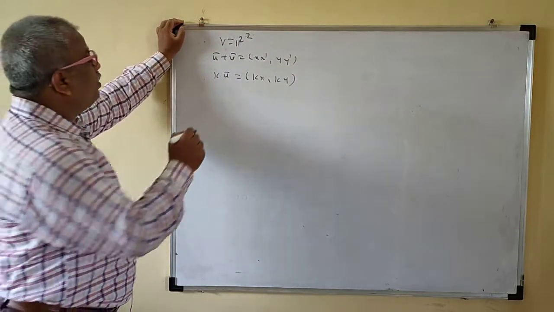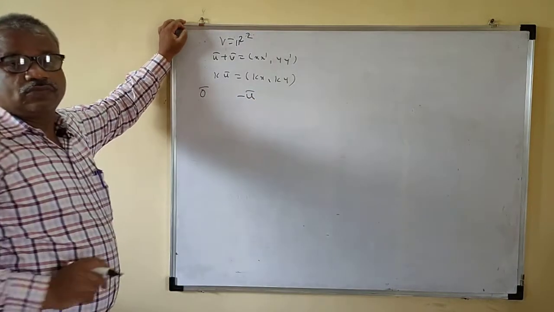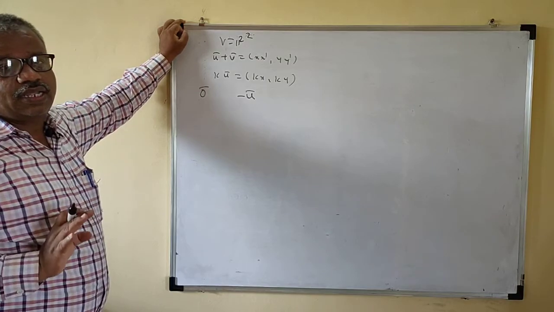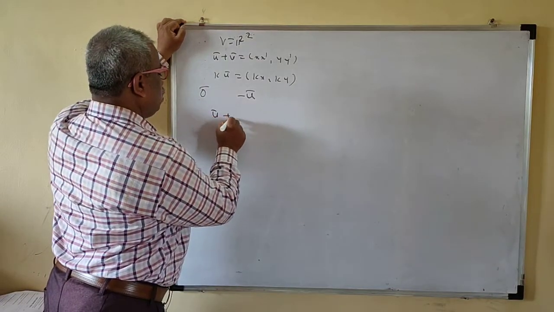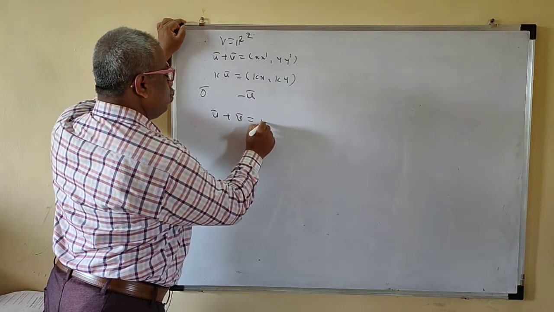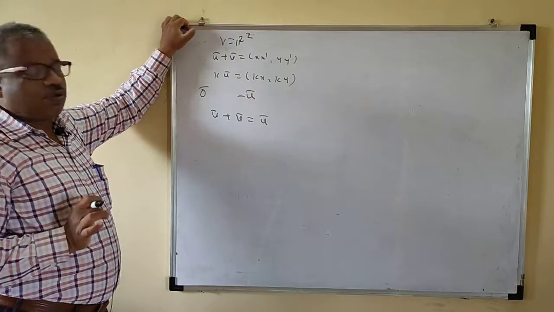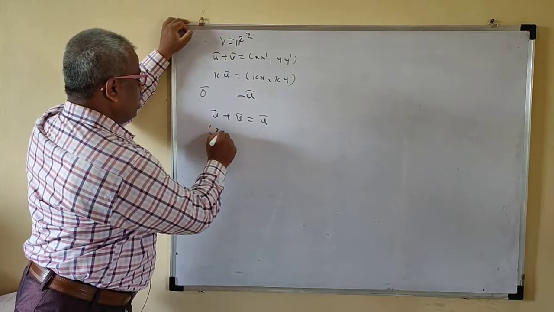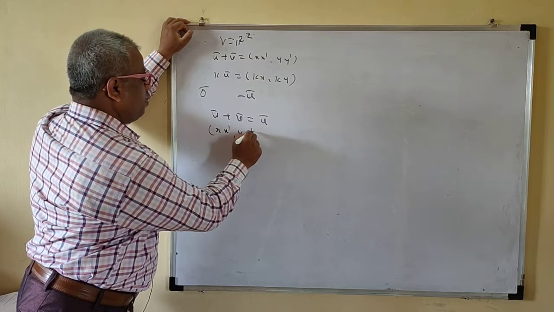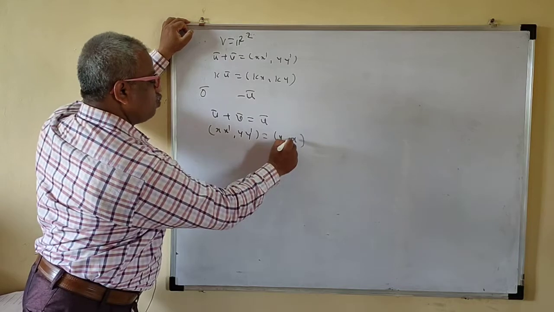So my problem is to find the zero vector and the minus u bar. That means I want to find a zero vector and a negative vector. So u bar plus v bar is equal to u bar. You want to find v bar such that u bar plus v bar is equal to u bar. So u bar plus v bar is x prime y prime, equal to x y.